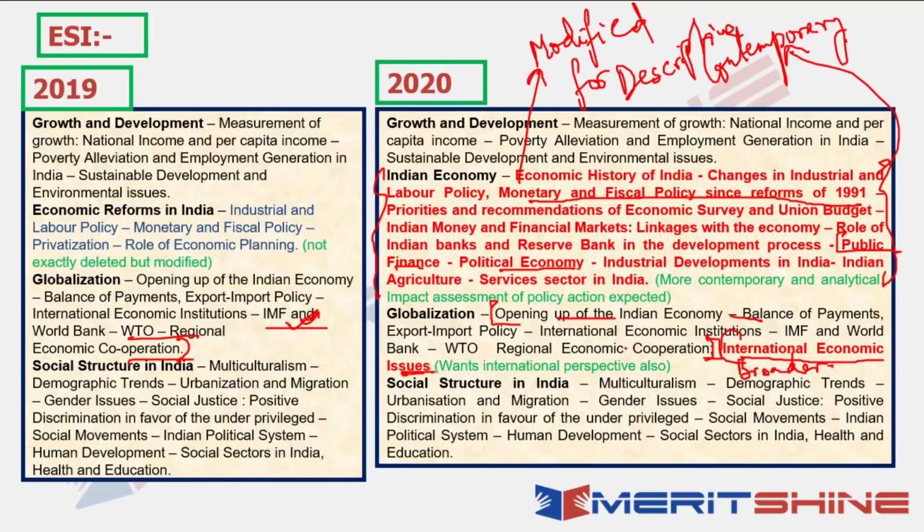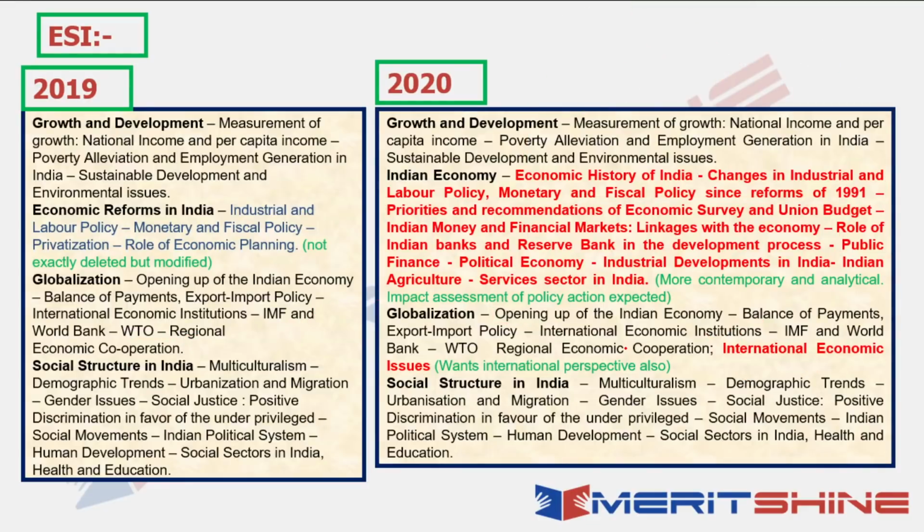So this part makes your syllabus more relevant. No doubt here you will have to invest your time so that you understand the international economic issues too. Right. So all in all, if I look at the whole ESI segment, the most important areas that you need to approach with a broader perspective are public finance, political economy, policy reforms since 1991, and international economic issues.